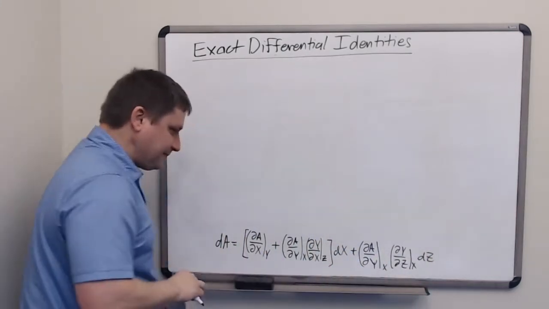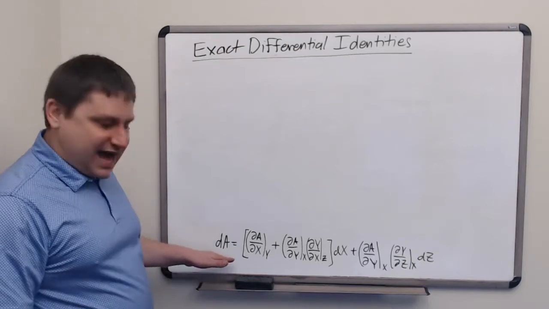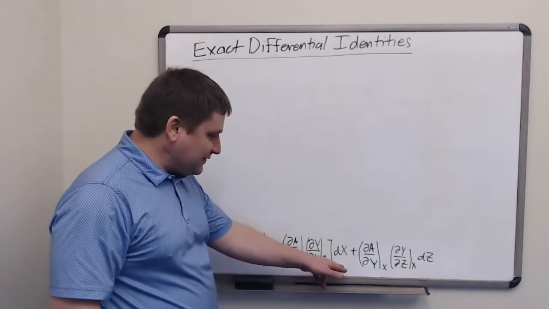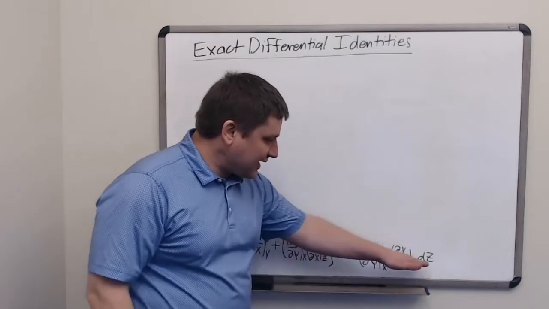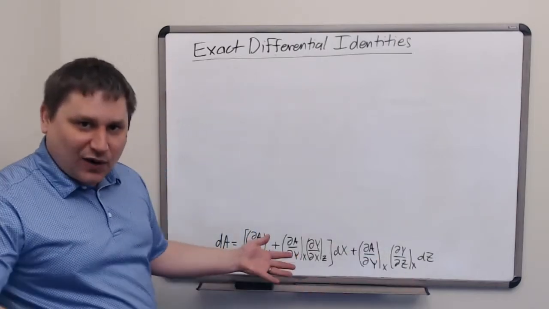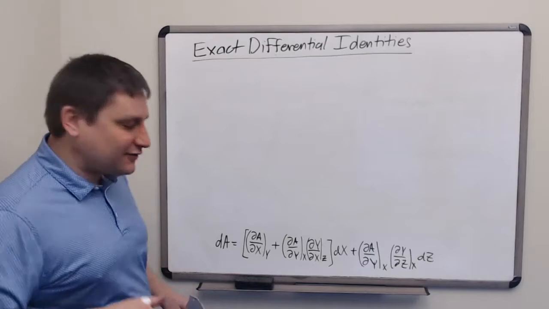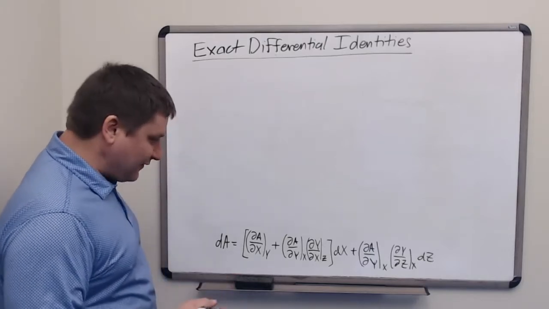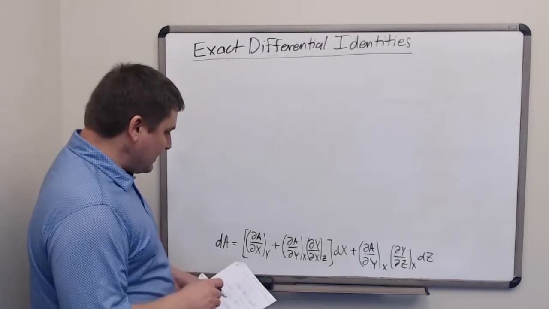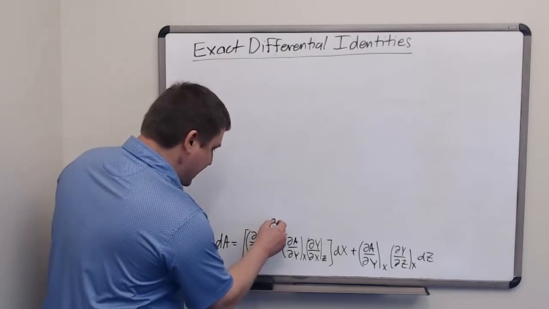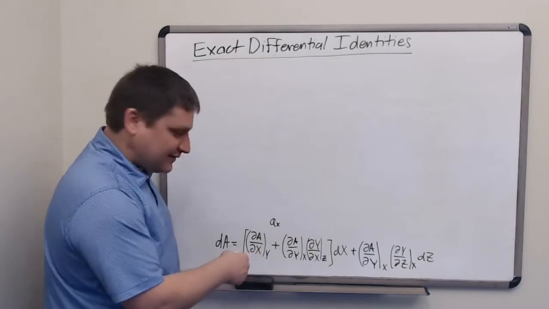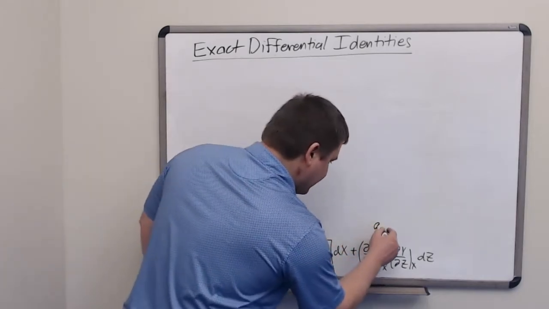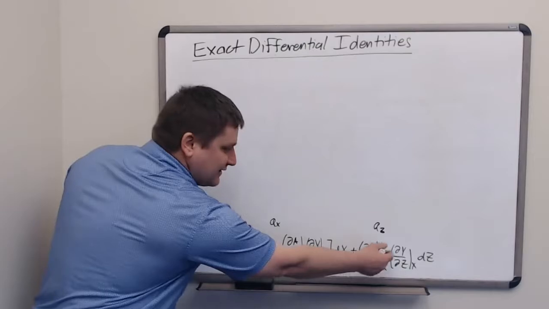All right. Okay. So this is an expression for dA in terms of a coefficient times dx and a coefficient times dz. And a, x, y, z, these are all exact differentials. Now if we turn back to the definition of the exact differential, we notice that now our A_x is just this thing in square brackets, and our A_z is just the product of these two here.